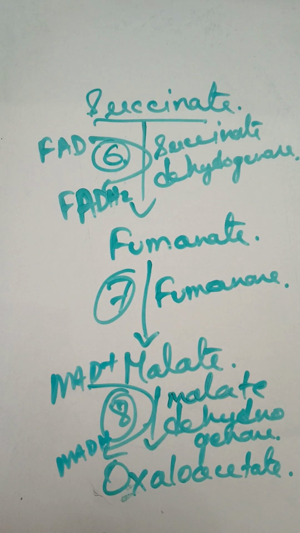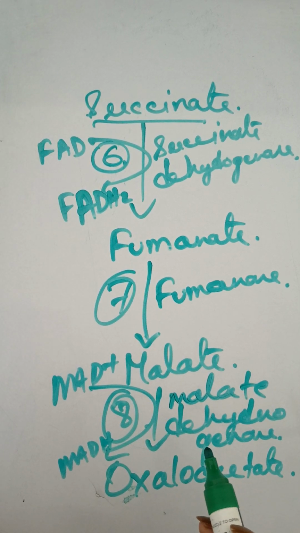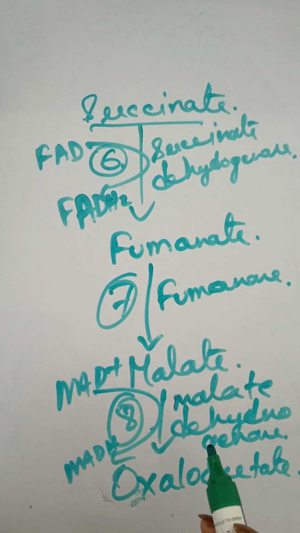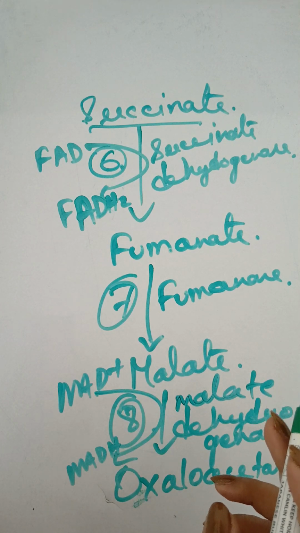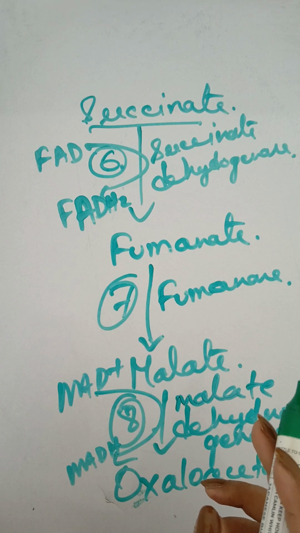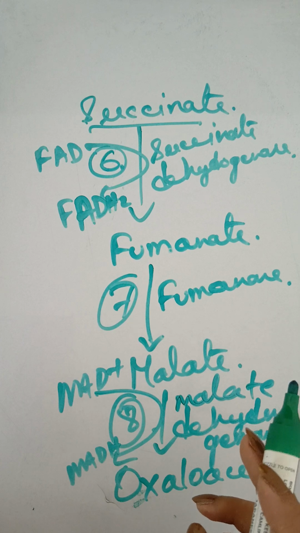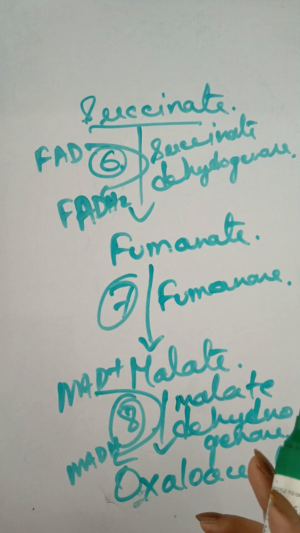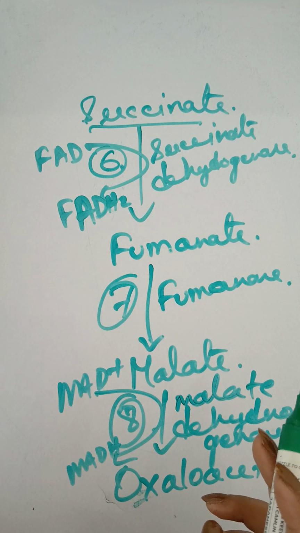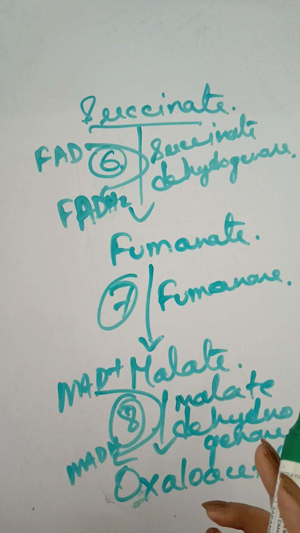So in this way, reaction 3, reaction 4 and reaction 8 will give rise to 3 NADH. Reaction 6 gives rise to 1 FADH2, and reaction 5 gives rise to 1 GTP, along with the 2 carbon dioxides which are produced in reaction 3 and reaction 4.